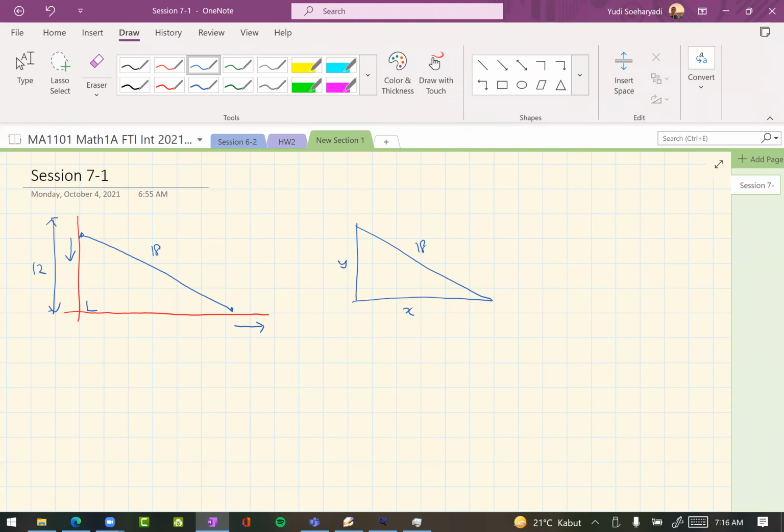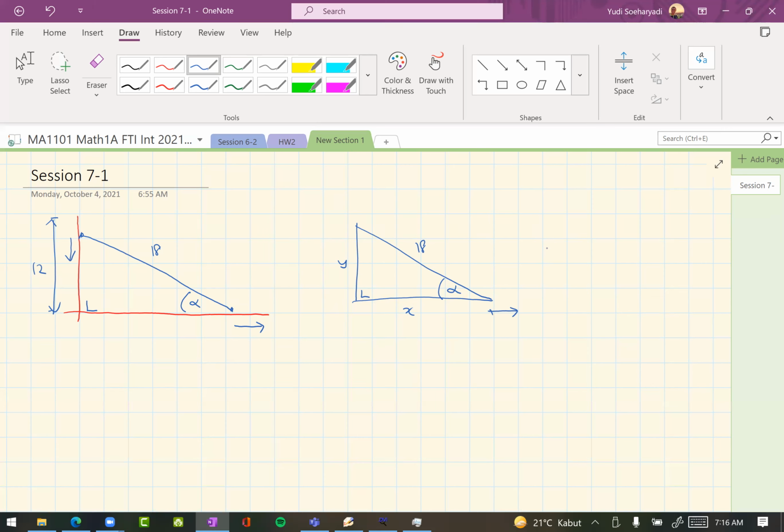And it seems that we will need this angle alpha, because the question is about the angle. What is known is that this moves this way, so x is increasing.